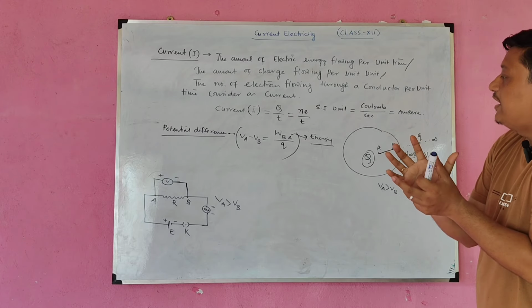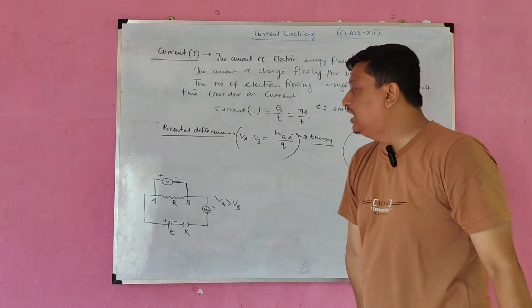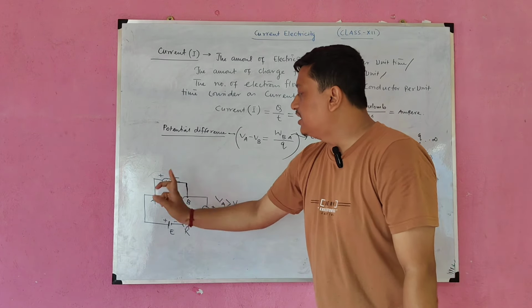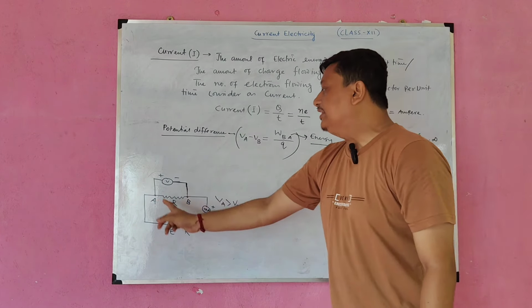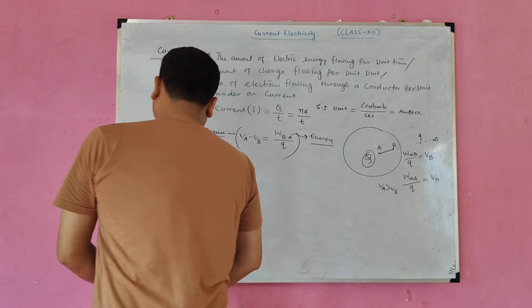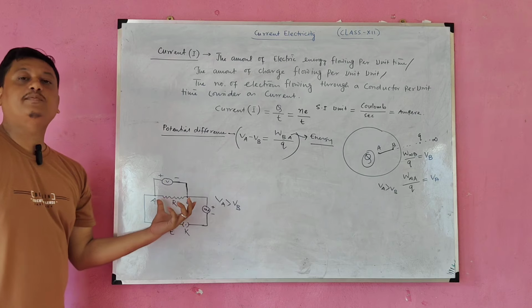So if he wants to find out the difference by this voltmeter, these 2 points have different potential, and this difference is measured by this voltmeter. A voltmeter should always be connected where? In parallel, as it gives the difference of 2 positions.